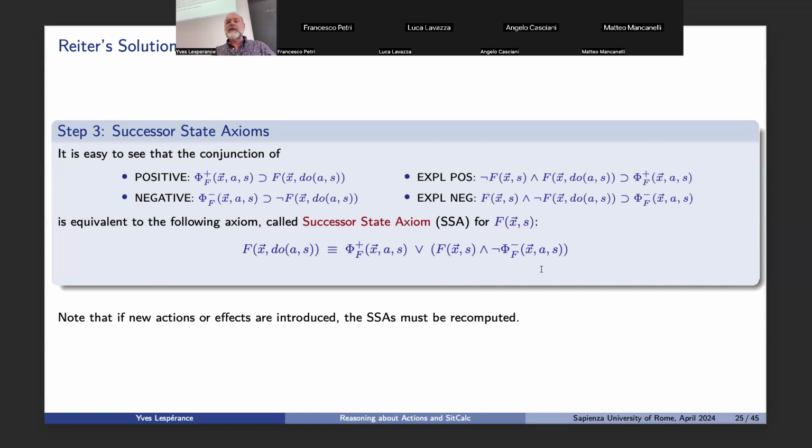So essentially, I'm taking my generalized normal form axioms, positive and negative, together with the explanation closure, and rewriting it to this equivalent form, which is a successor state axiom. And this captures all the ways in which the fluent F can change value.